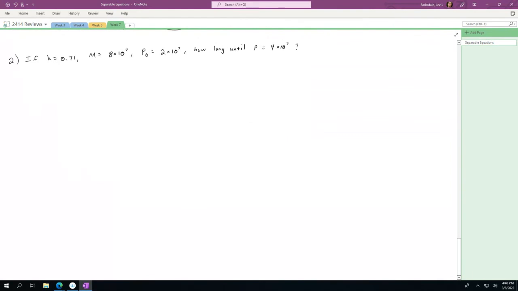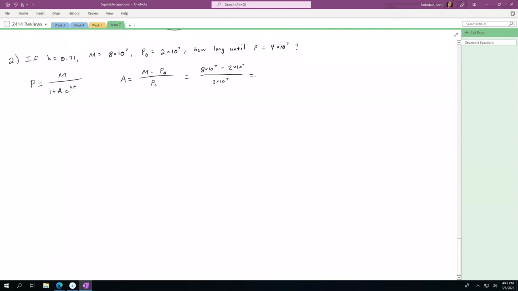Okay. In the second one, we have an initial population this time, so we actually can write a population equation. P is equal to M over 1 plus A e to the kt, where A is equal to M minus P naught over P naught, which is equal to 8 times 10 to the 7th minus 2 times 10 to the 7th, divided by 2 times 10 to the 7th.